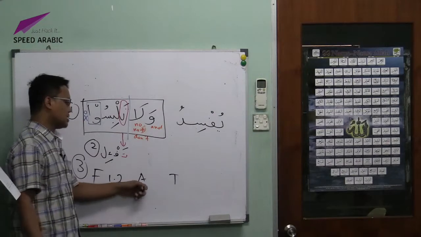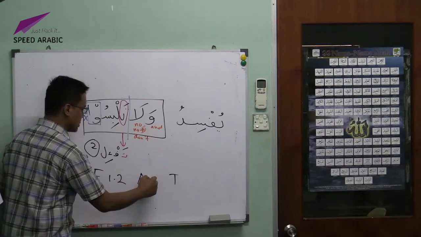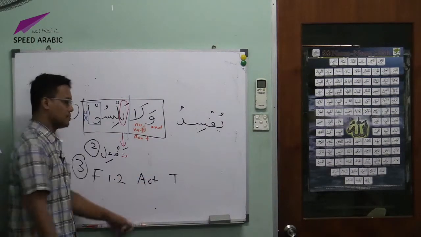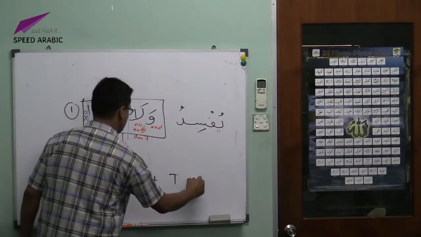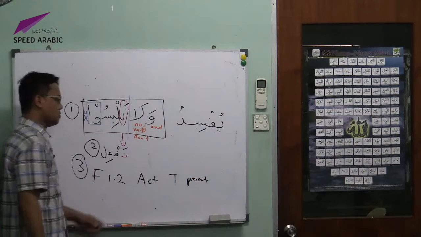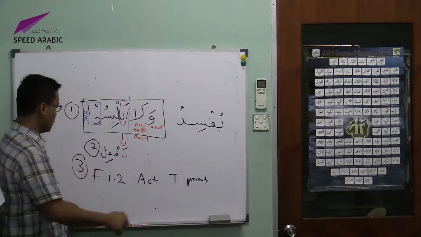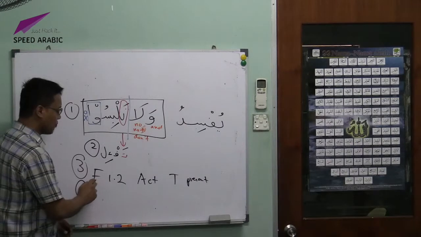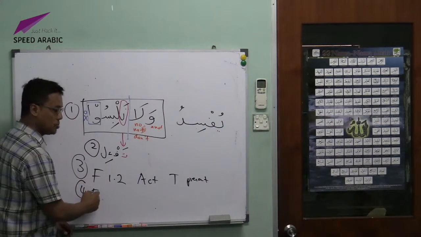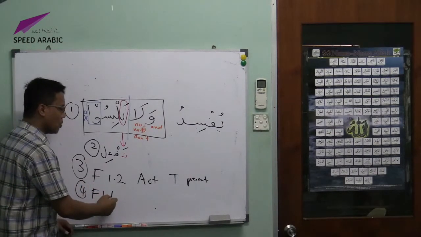Is it active or passive? Active. What tense is it? Present. Because it's present, you have to bring it back to the PTA, so from 1.2 you go to form 1.1.